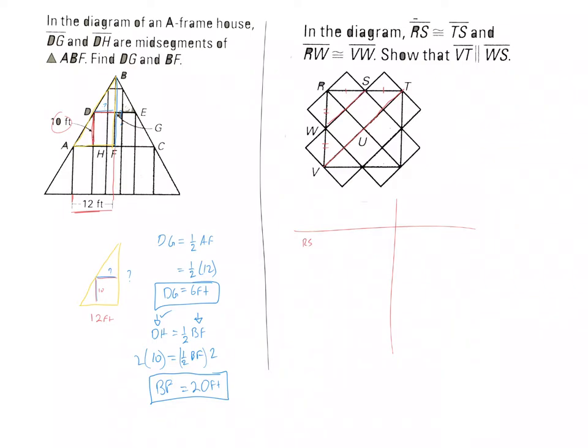RS is congruent to TS, and that RW is congruent to VW. That's given.